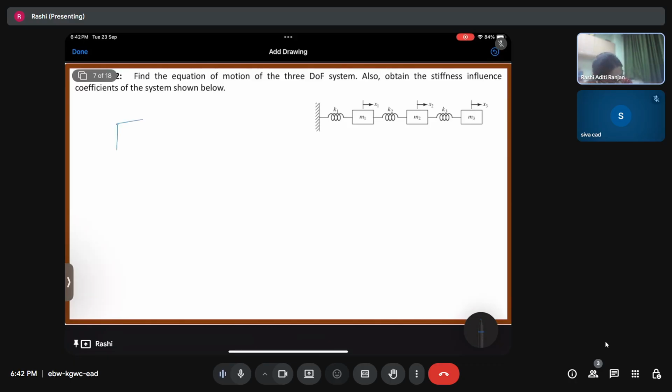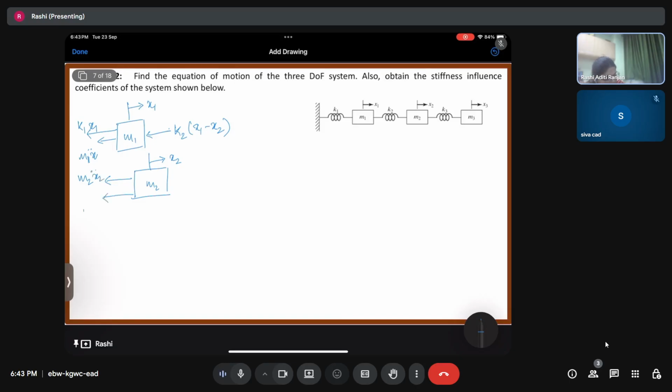So for mass m1, if it is getting displaced in the x1 direction, the force is m1 x1 double dot. There is this k1 x1. Here we have k2 (x1 minus x2), correct? Because of the relative displacement between m1 and m2. For mass m2, we have x2, we have m2 x2 double dot.